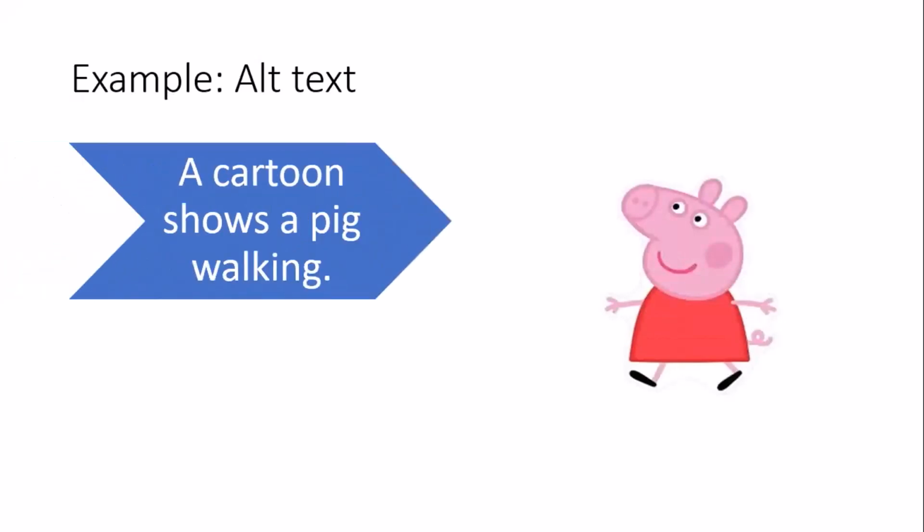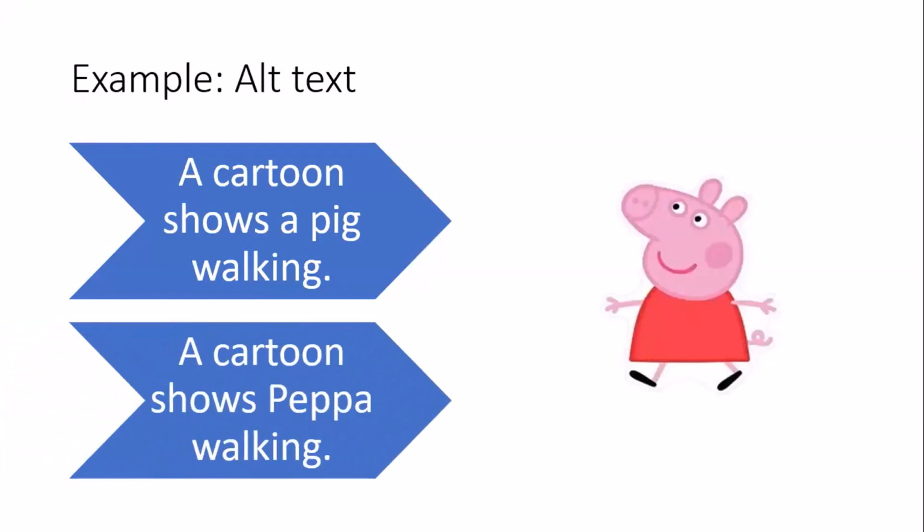So this is an example where you need context for the image. We know this cartoon, she's Peppa, but if we just write a cartoon shows a pig walking, it will not give the character's name. Without giving the character's name, it will be too generalized.